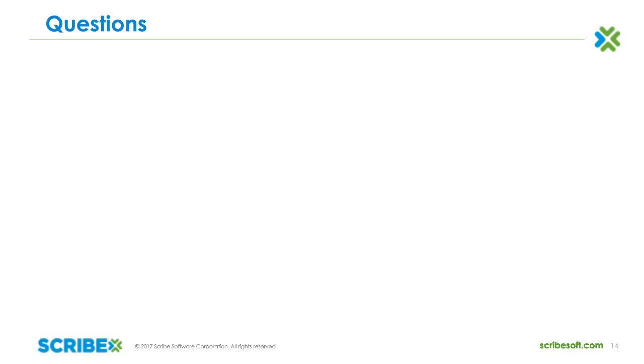So another question: how does Scribe manage API call limits for different platforms? The connector doesn't necessarily know how many API calls you have available. If you're concerned about that, the best thing to do is to use the bulk API feature or use inbound messaging. So one of the areas where this tends to come up is in Salesforce, because they do have hard limits on the number of API calls that you can make.